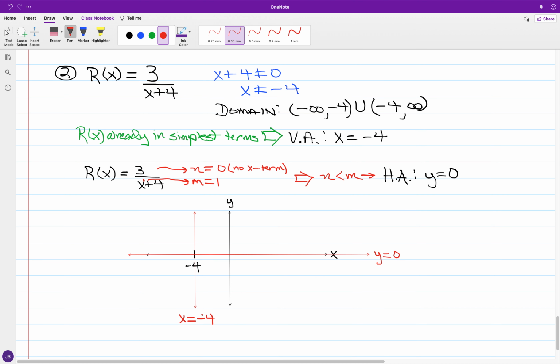And since no denominator factor canceled, since r of x is already in simplest form, you're going to have no hole in the graph.